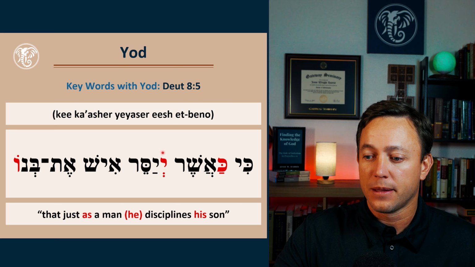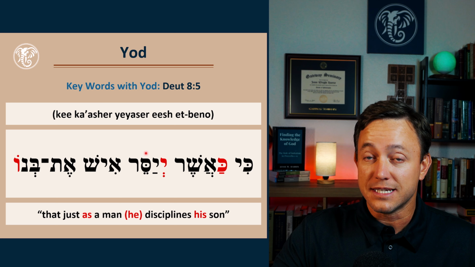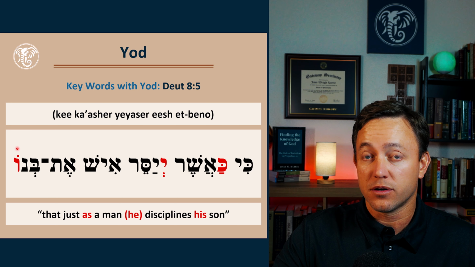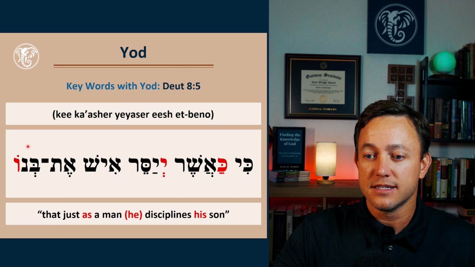So just as a man will teach, or perhaps teaches, et beno, so his, right? That's that pronoun added to the end of a word, his son. So just as a man will teach, or he will teach his son, okay?